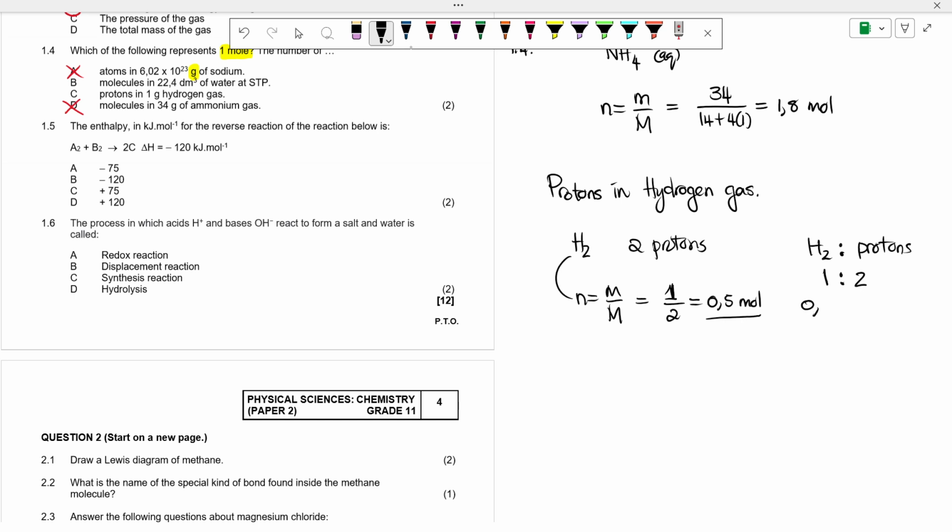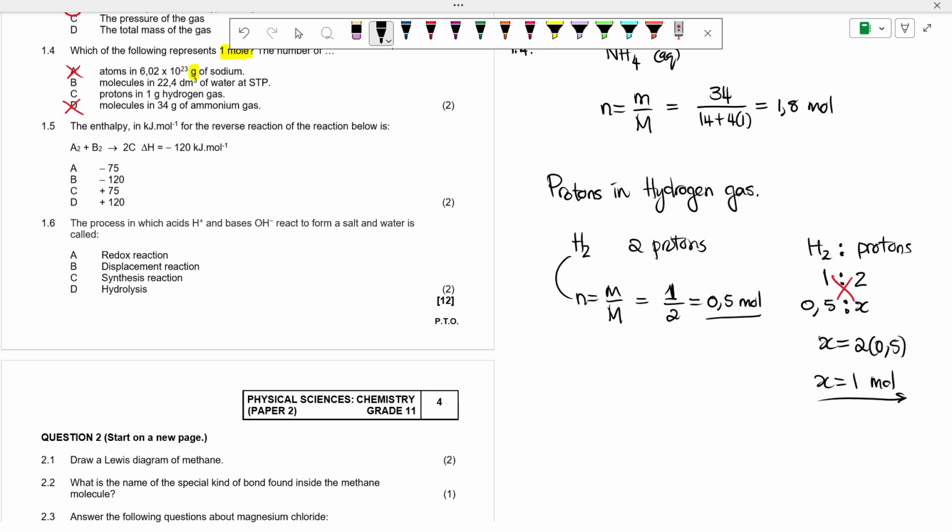So if the moles of H2 is 0.5, the moles of protons, I'm just going to leave it as X. Obviously, I don't expect you to go through all this trouble for multiple choice, but your mind should be quick at that point. So X is equal to 2 times 0.5. Then the number of moles of protons is 1 mole. A little bit too much, but we get there.